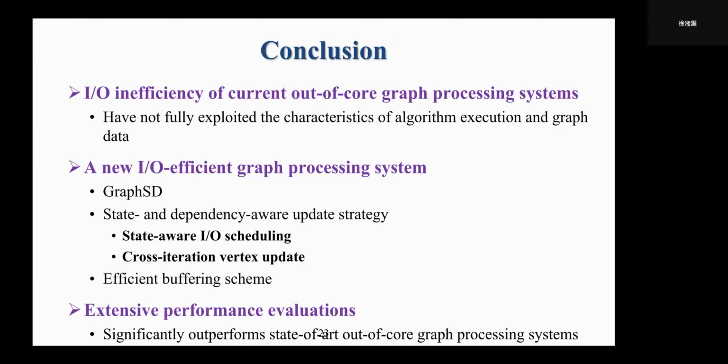GraphSD proposes a state and dependency-aware update strategy that supports both state-aware I/O scheduling and cross-iteration vertex update to reduce the unnecessary disk I/O. The extensive evaluation shows that GraphSD can significantly outperform state-of-the-art out-of-core graph processing systems.